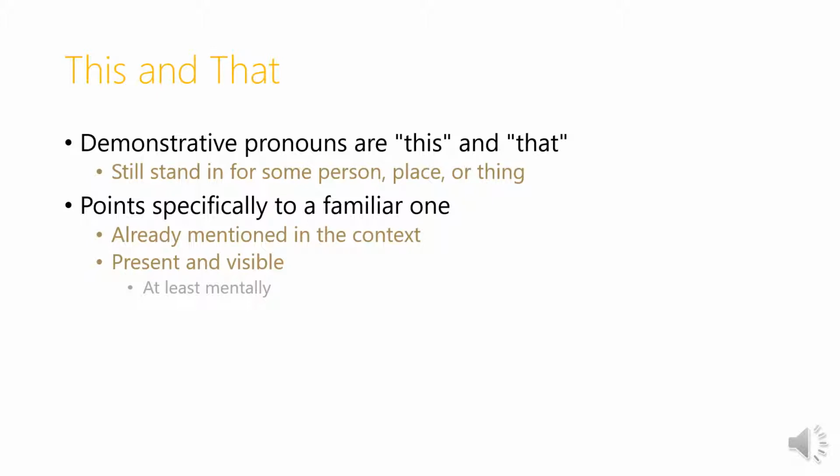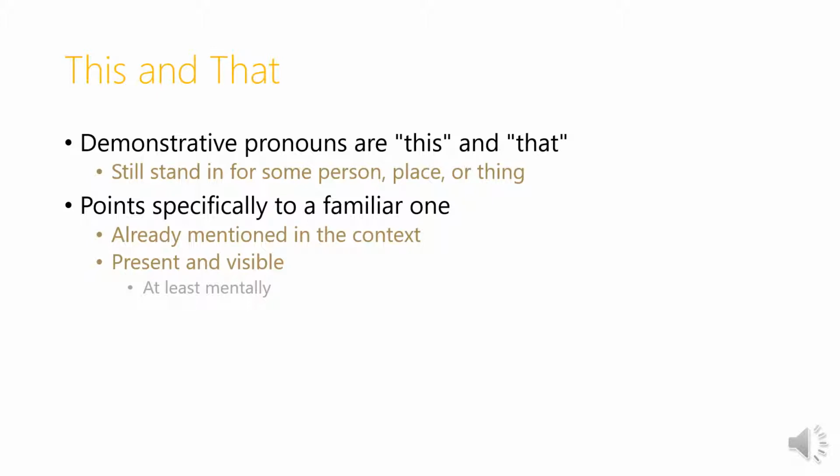Maybe it's one that has already been mentioned in the context, and so we don't have to say the man over again. We can just say this man to point out that we're talking about the same specific one we were talking about before. Often we'll be talking, when we use the demonstrative pronouns, about some object or person that's present and visible.